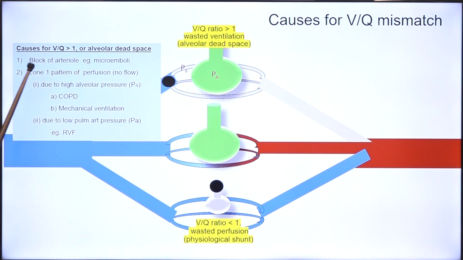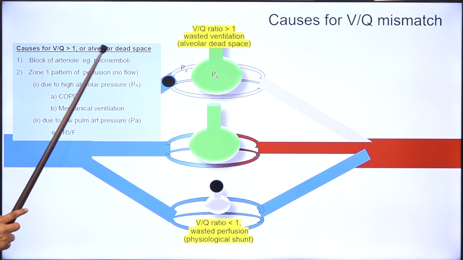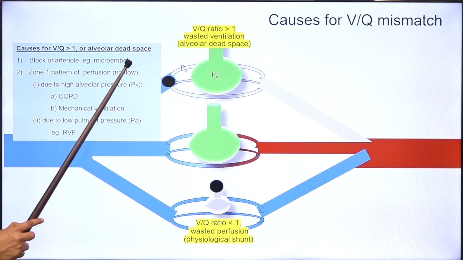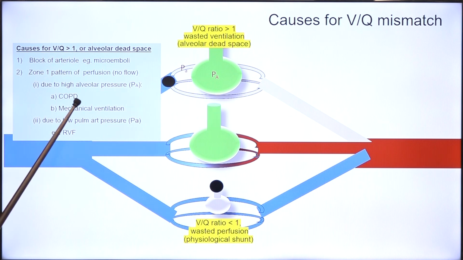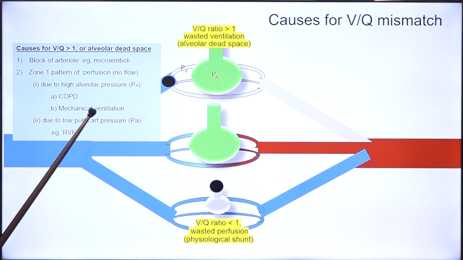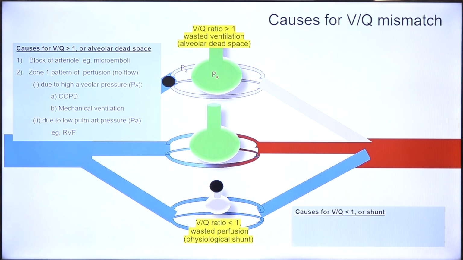So here we have three important causes for alveolar dead space: microemboli in pulmonary circulation, high alveolar pressures as would occur in COPD and in mechanical ventilation, low pulmonary arterial pressures as in right ventricular failure. When can you have physiological shunt?